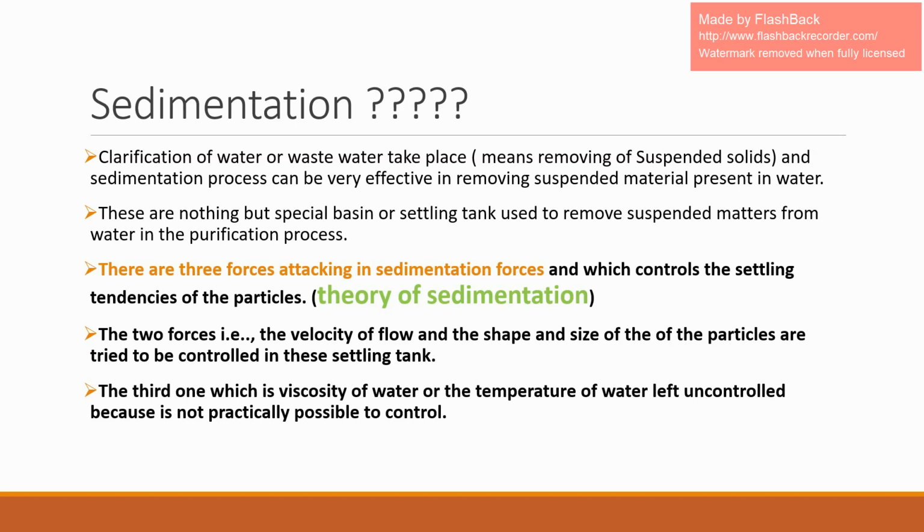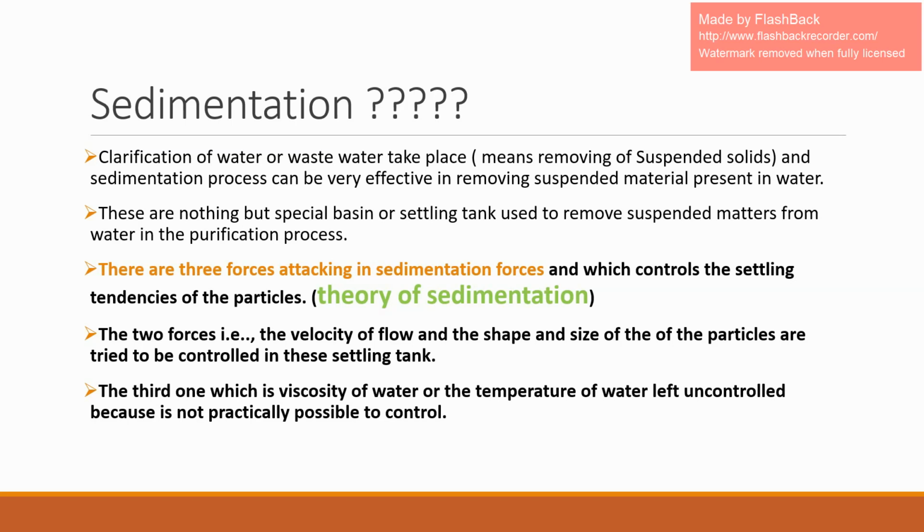There are three forces acting in a sedimentation process, also called sedimentation forces. This is also known as the theory of sedimentation. The first two forces are velocity, and shape and size of the particles. You can control the velocity with the help of velocity regulators, or flow regulators.